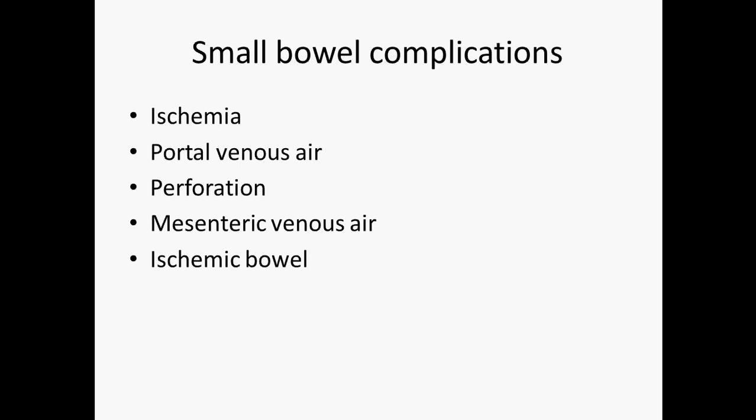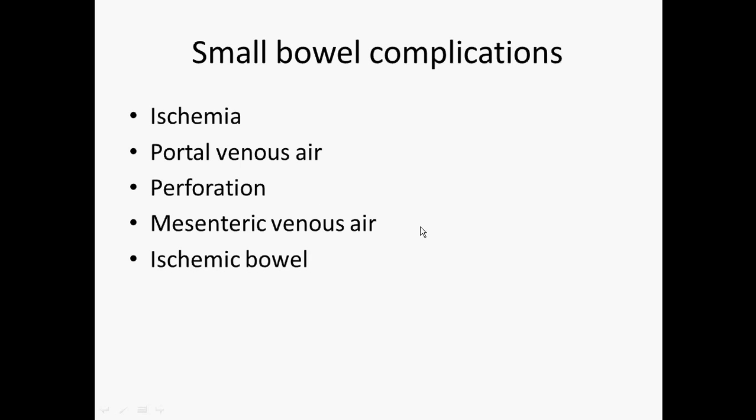You can actually get air up through the bile ducts into the liver, and that's another sign that you can sometimes see on imaging. Perforation is a complication that you need to be aware of.